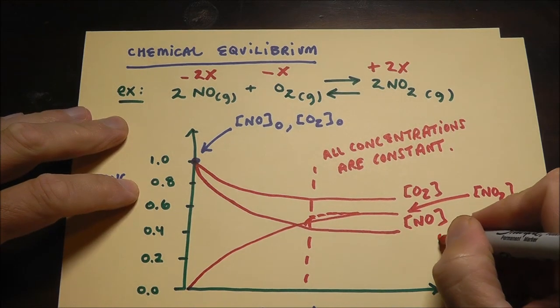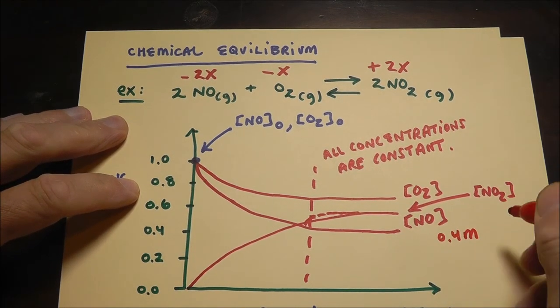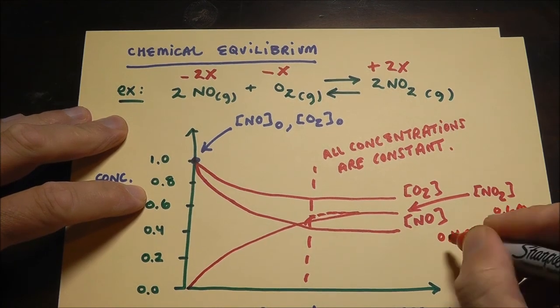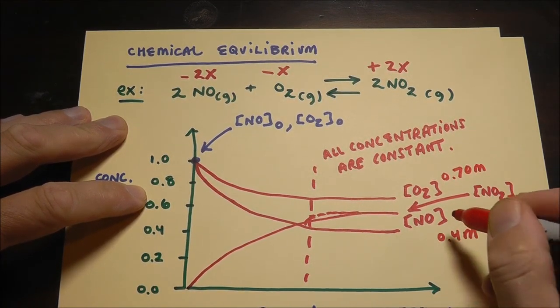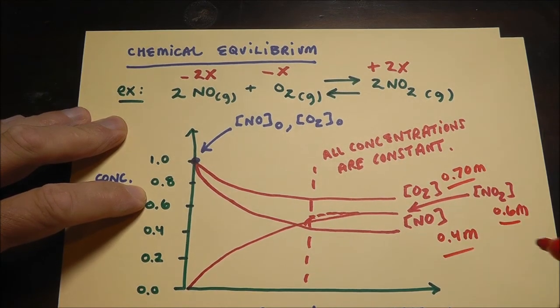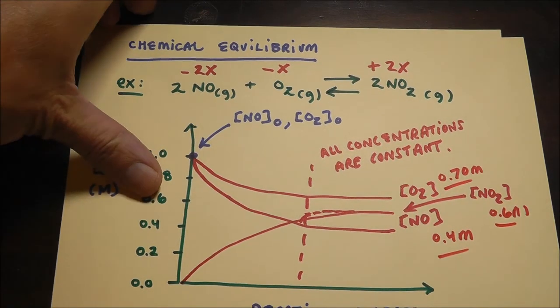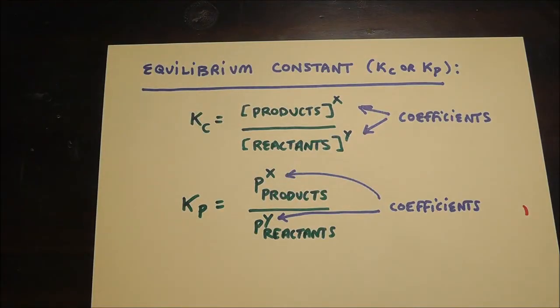This went down to 0.4 molar. This went up to 0.6 molar. The rate of change of this was half, so it went down 0.3 molar to 0.7 molar. And these are very comparable, but quite often they're not. They might be really, really big concentrations of the products or big concentrations of the reactants and small concentrations elsewhere.